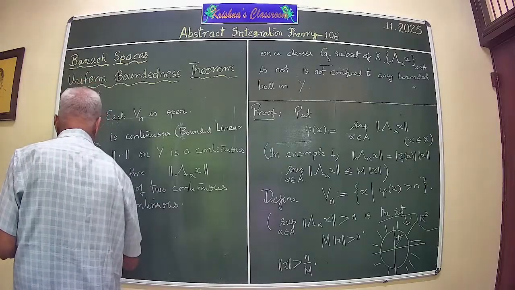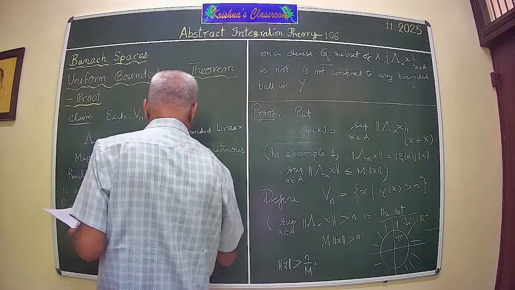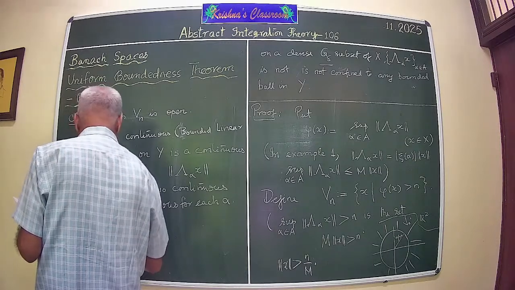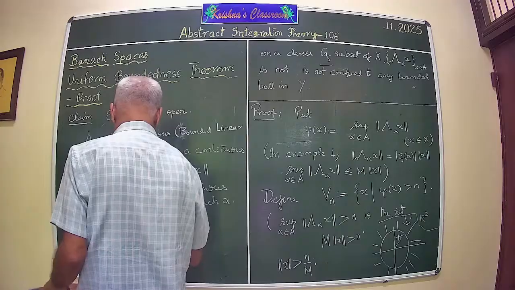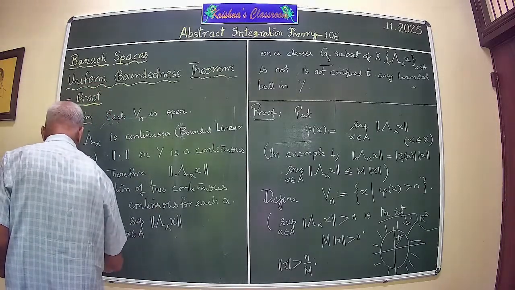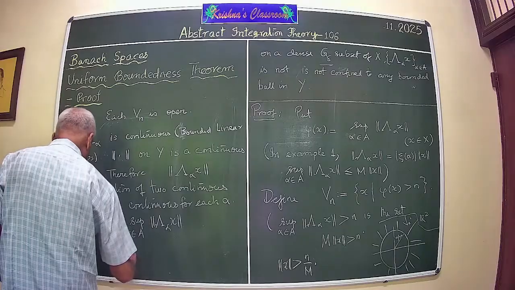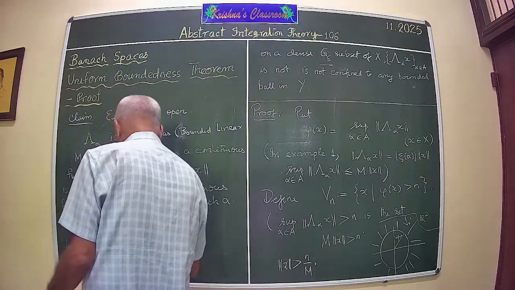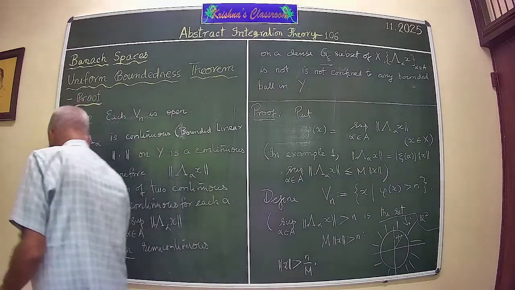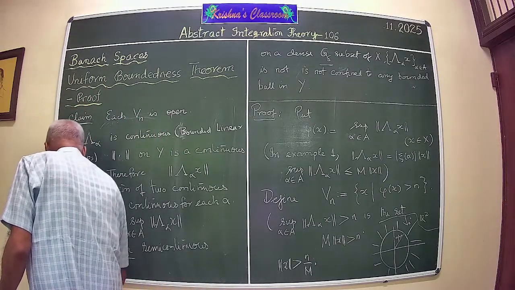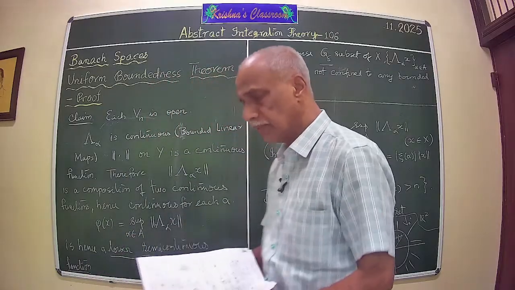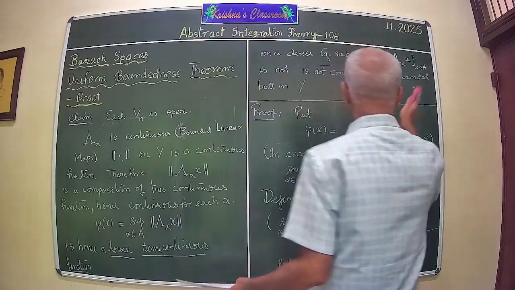Therefore, now you take phi x, which is equal to the supremum over alpha belonging to A of the norm of lambda alpha x, and it is hence a lower semi-continuous function, because we are taking the supremum over alpha belonging to A. That's why it is lower semi-continuous, and that is what is needed for our work.